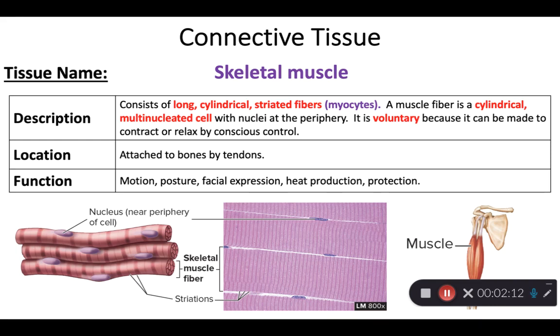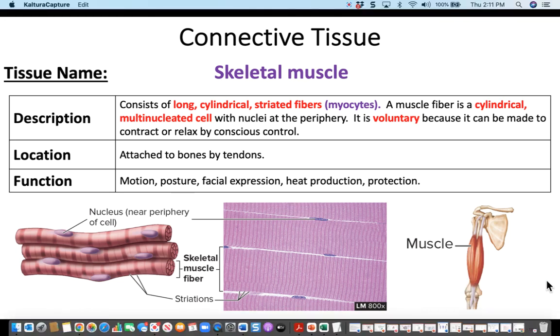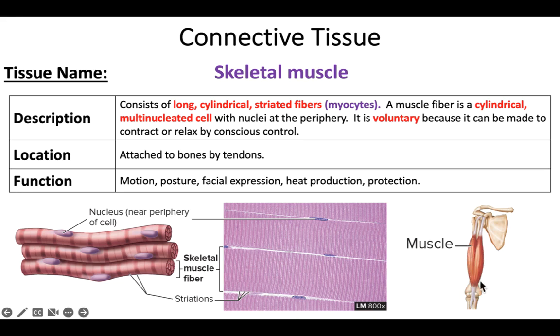Okay, so let's begin with skeletal muscle. Where is it? It's attached to bones using tendons. So for example, this is that same drawing we saw previously. This is your biceps brachii muscle, and it has a couple tendons here that attach it to your shoulder blade or scapula. So this muscle is skeletal muscle.